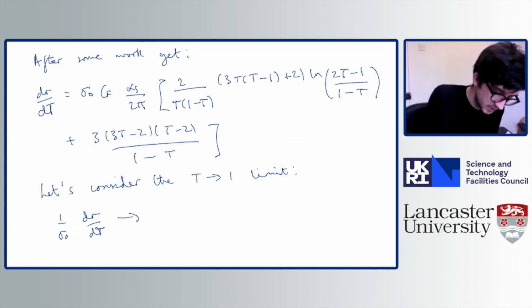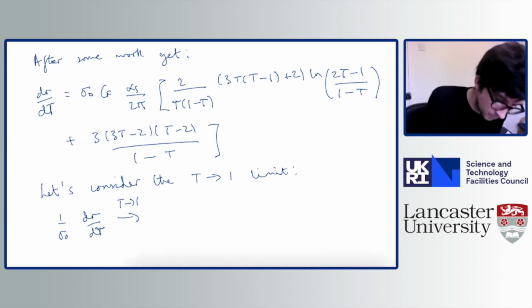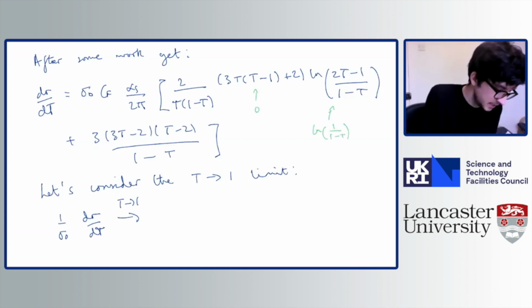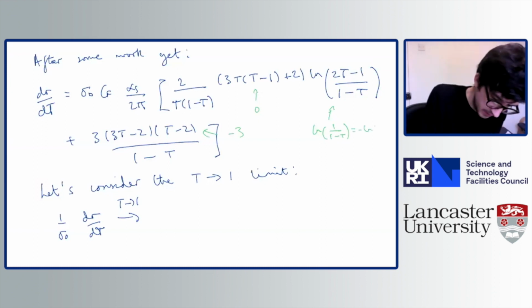So that goes, as T goes to 1, well, that's obviously going to go to 0. That's going to go to log 1 over 1 minus T. That stuff up the top is going to give you a minus 3. And that's obviously minus log (1 minus T).